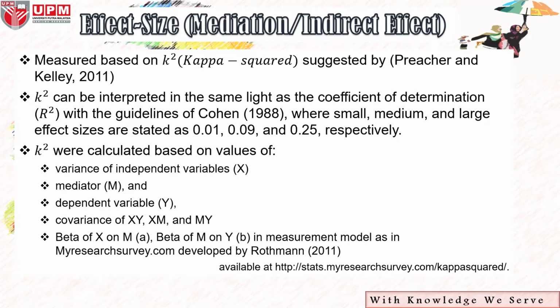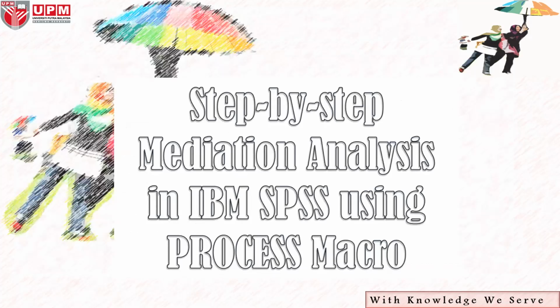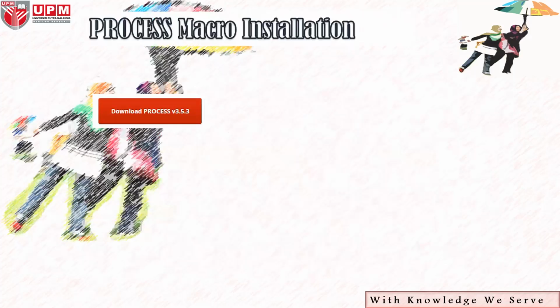Nanti kita pakai this website ni. Okay, panjang sikit ni, tapi dia senang. Saya dulu pakai versi ni. So sekarang 4.1 saya tak tukar lagi. The latest version is version 4.1. Okay. So download the PROCESS version 4.1.